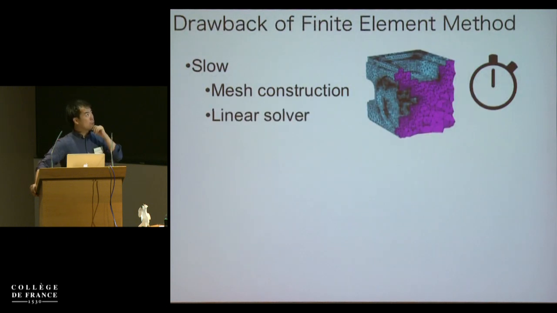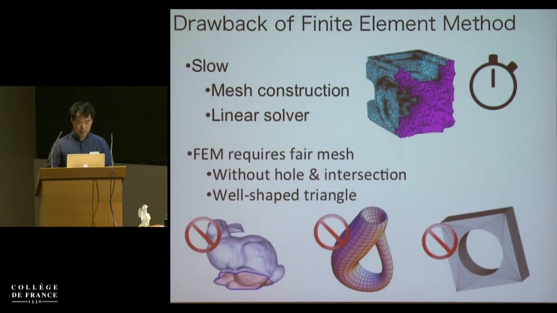The drawback of the finite element method is that it's very slow, and it's impossible to achieve real-time response from simulation while editing the design. We have to construct a mesh, and also we have to solve a huge linear matrix. And FEM requires a fair mesh without holes or intersections, and we need well-shaped triangles too.